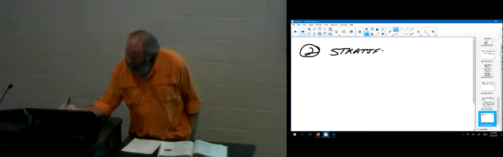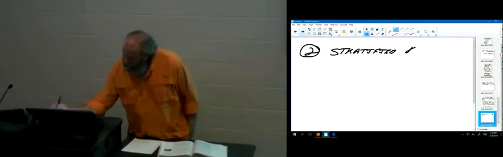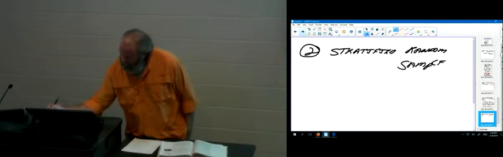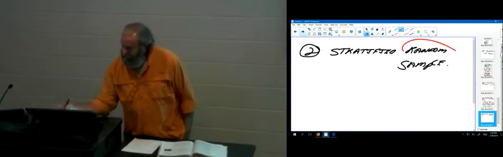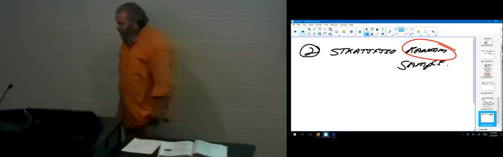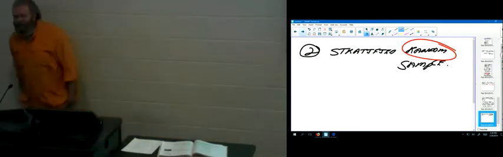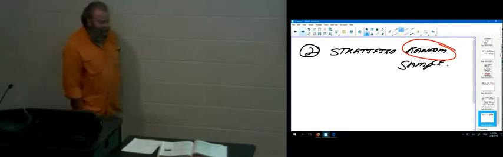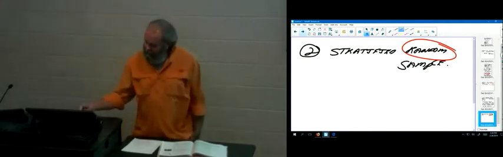There's something called a stratified random sample. So here's what a stratified random sample is. As simple as I can make it. All right?